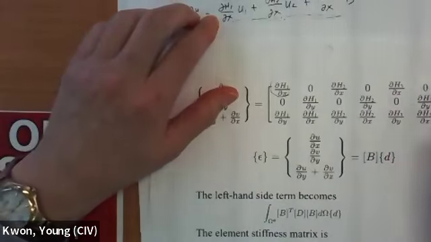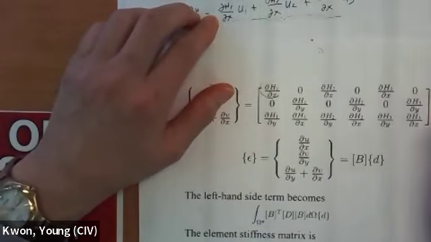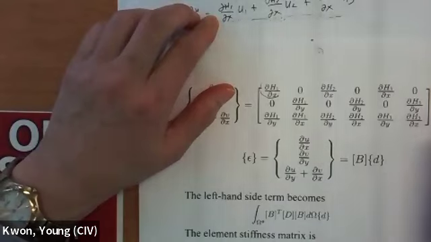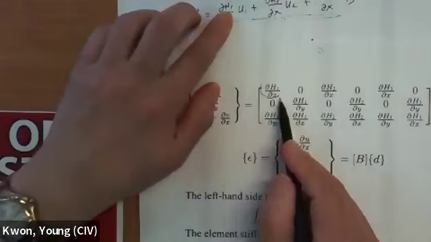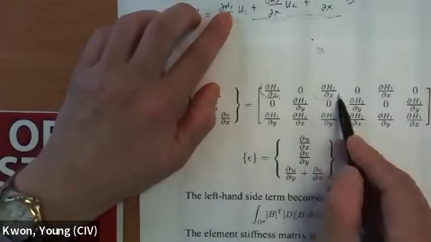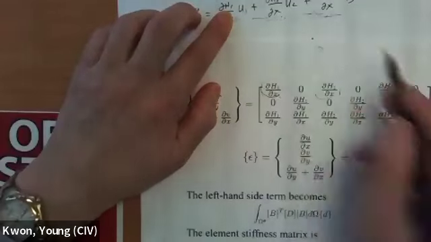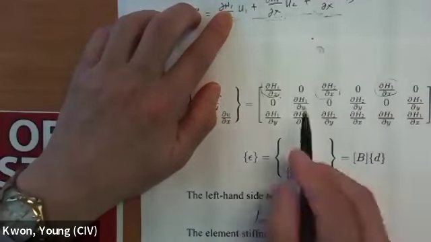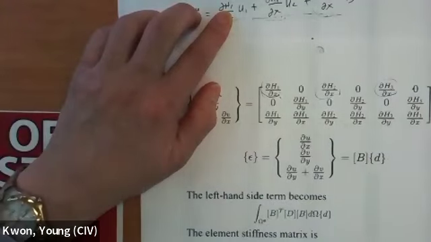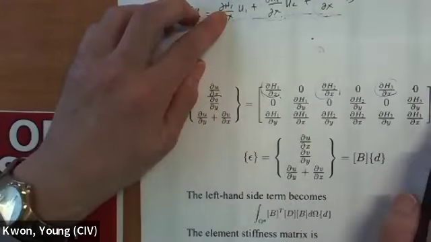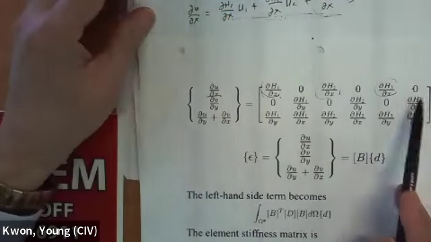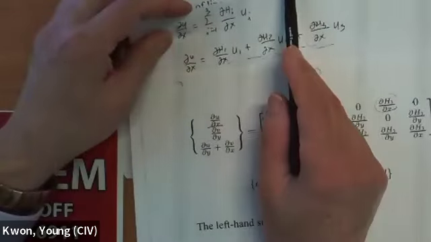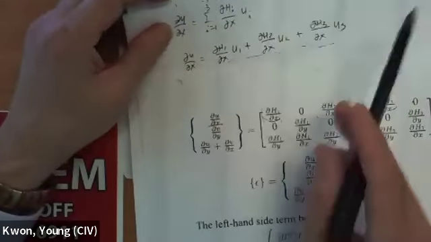If I give you explicit information, u1, v1, u2, v2, u3, v3, this is only associated with u1, u2, and u3. So you get 0 for the rest of them, because this is only associated with u1, u2, u3 in this manner.